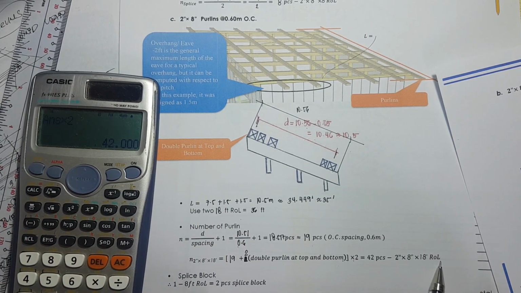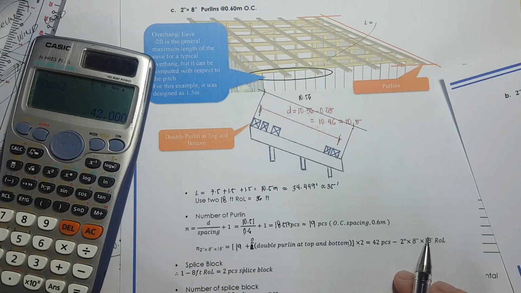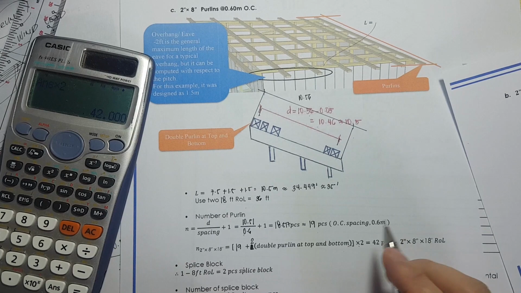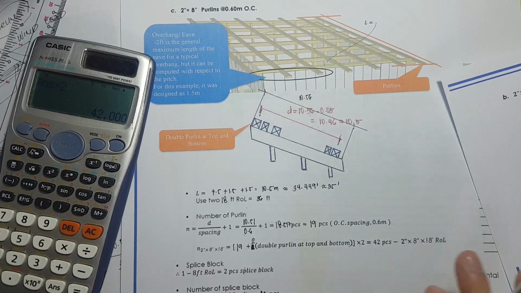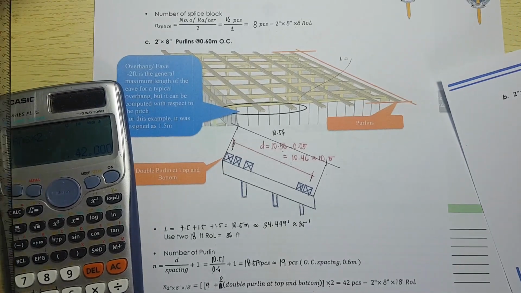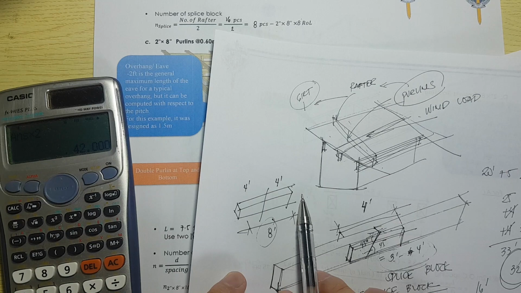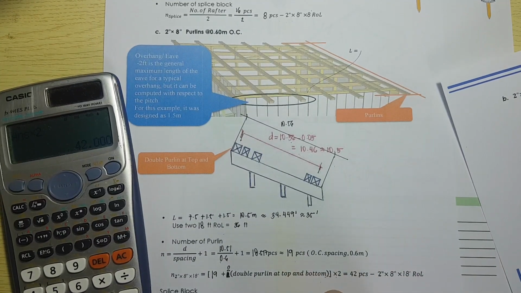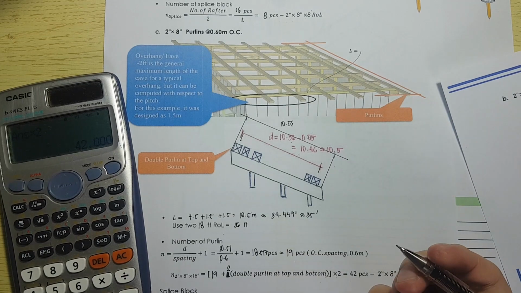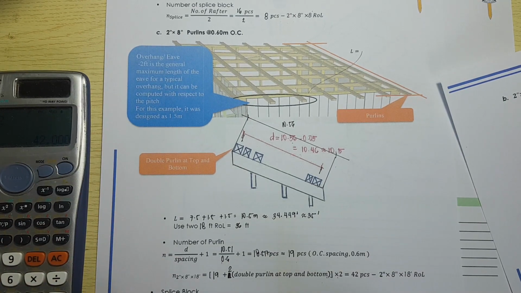Now again, for the splice block, it is the number of purlins, which is 42 pieces, divided by 2, like what we explained earlier. Because we have here 8 feet, if you divide it by 2, it becomes 2 pieces of 4 feet. So this is equivalent to 21 pieces. We will be buying 21 pieces of 2-inch by 8-inch by 8 feet.